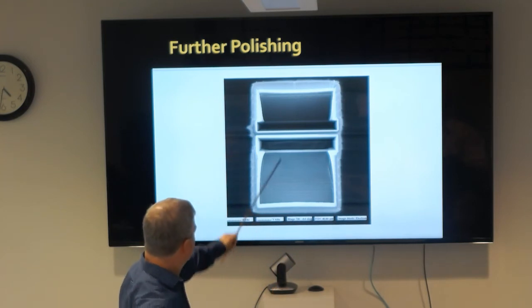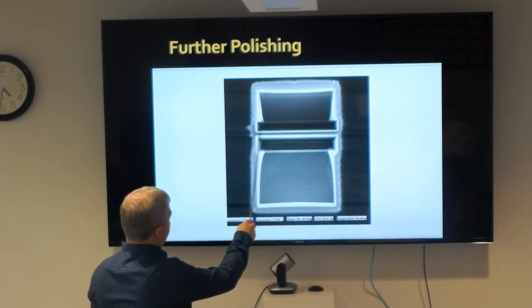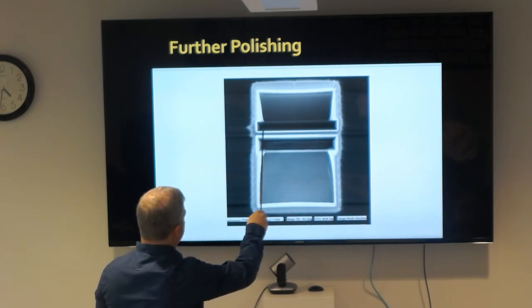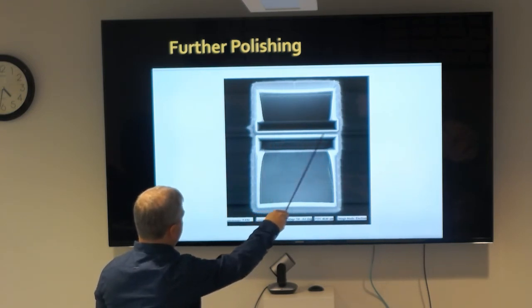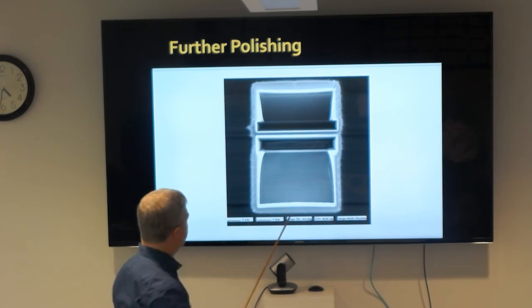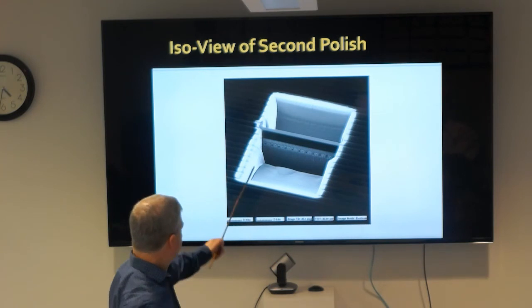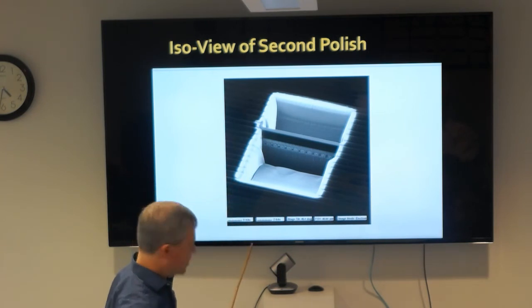Do some more polishing to make it very thin. So now the area of interest has been thinned to quite a small region. This might only be less than a micron. Here's an oblique view of the same thing.